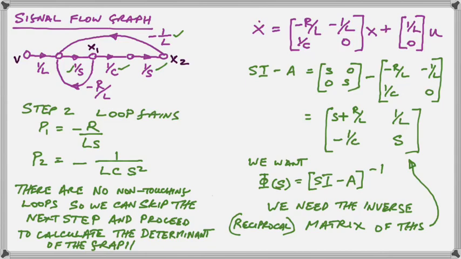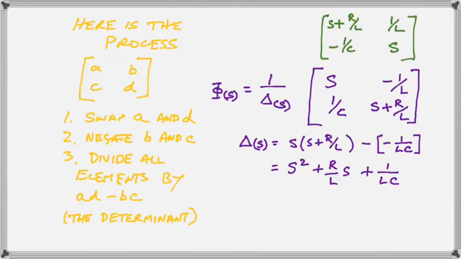the graph. Now over on the side where we're dealing with our state variable model, what we really want there is shown. We now want to find the inverse reciprocal matrix of what we have found on the previous slide. So we're going to do that now.